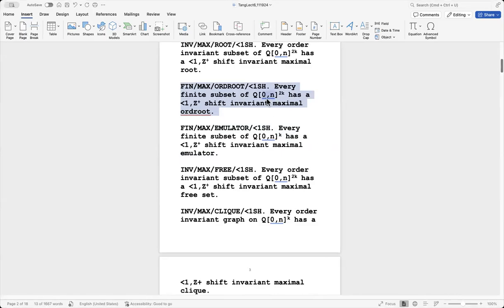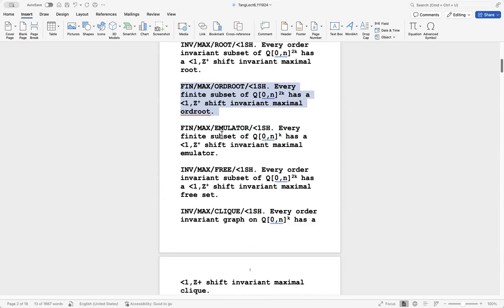Every finite subset in 2K dimensions has an invariant maximal ORD root. These are easily seen to be equivalent, because order invariant sets are given by finite sets. They have a basis, so to speak.